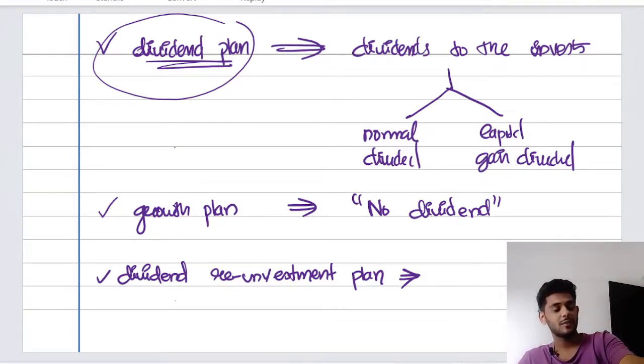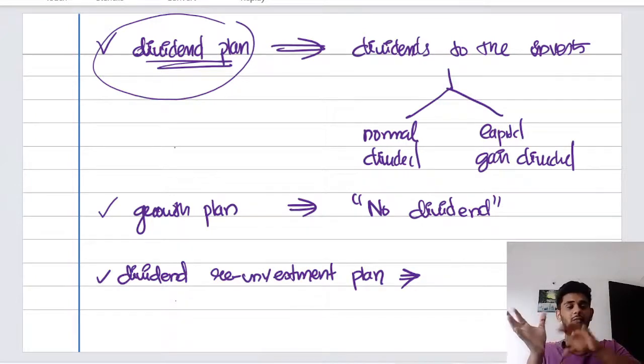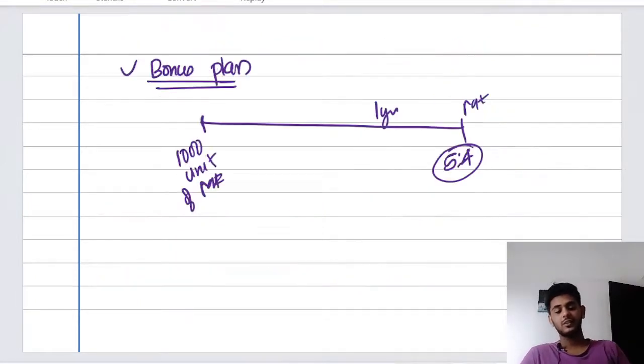In the dividend reinvestment plan, the mutual fund earns the dividend but, rather than distributing it, reinvests it at the NAV prevailing at that date and converts it into units, increasing the investor's holding. And the last one is the bonus plan. Under this, there is no dividend concept; rather the mutual fund house issues extra units, or bonus units, to the investor free of cost, because bonus means free of cost.